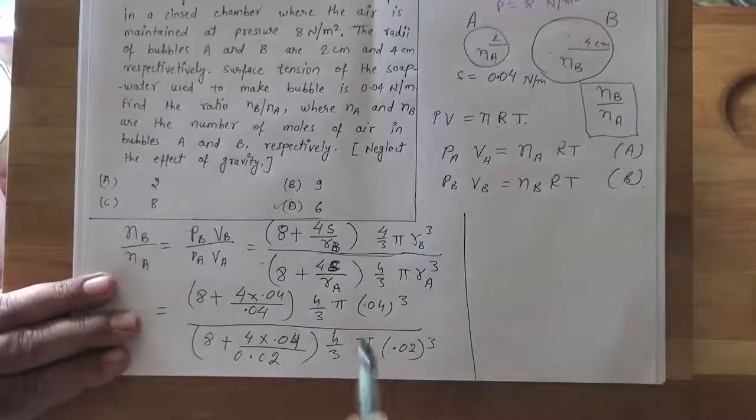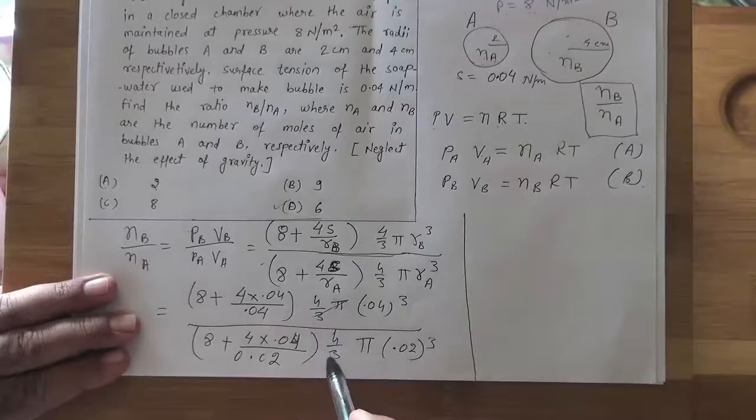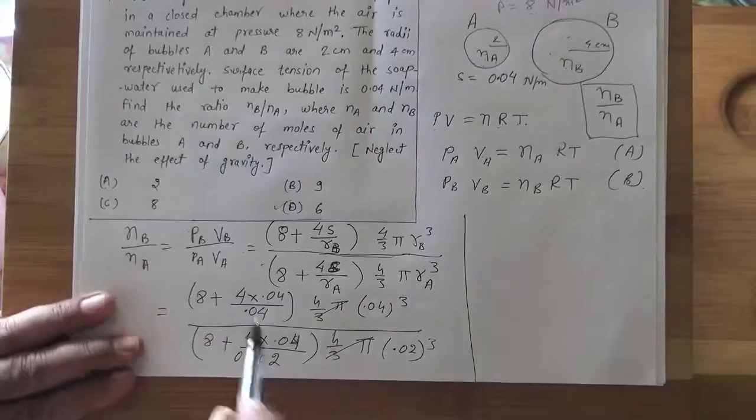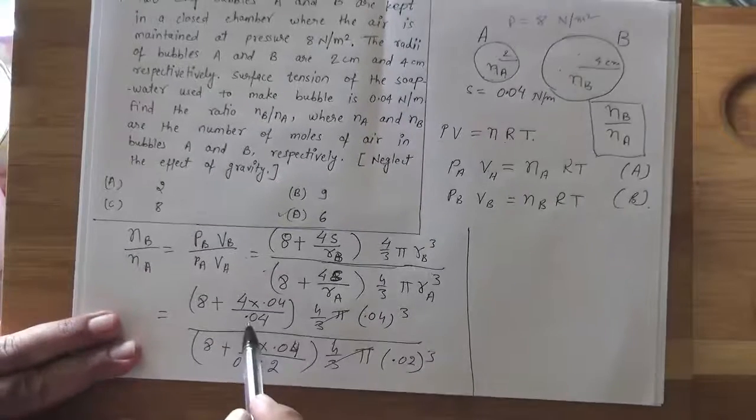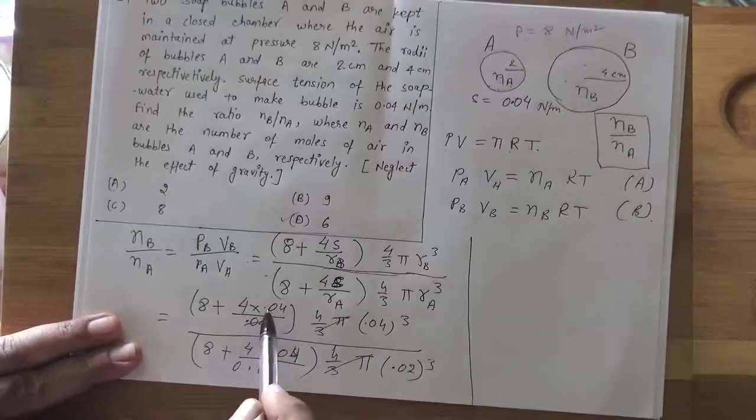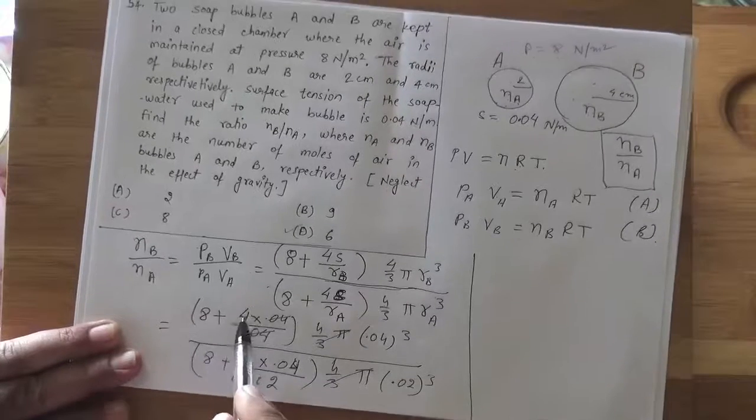Let us solve this. Cancellation. This is cancelled out. Here 0.04 is cancelled. 8 plus 4, 12.